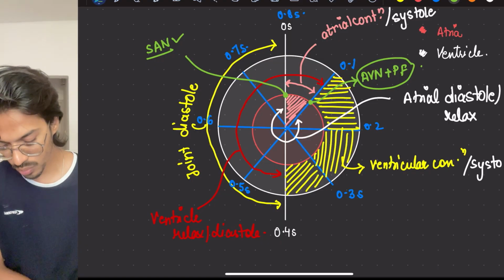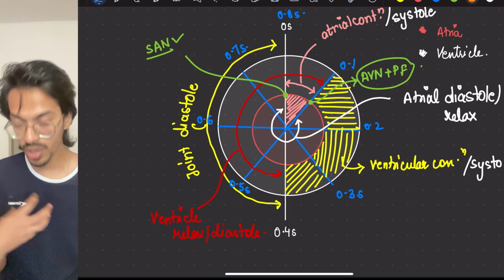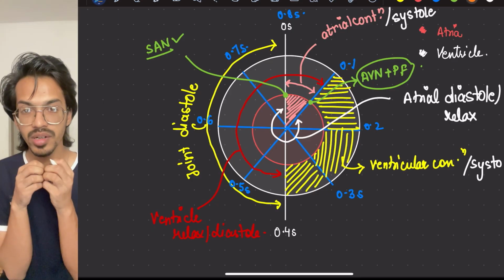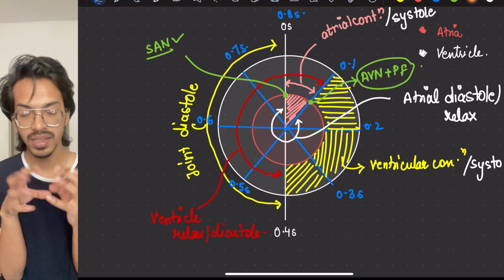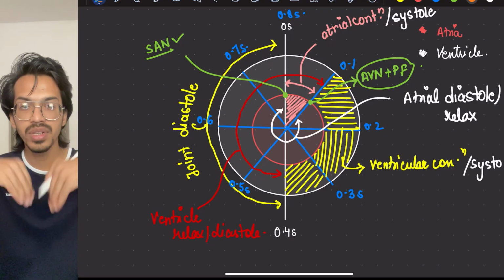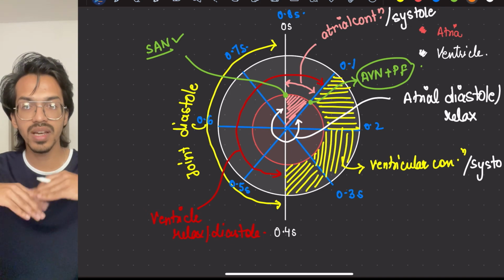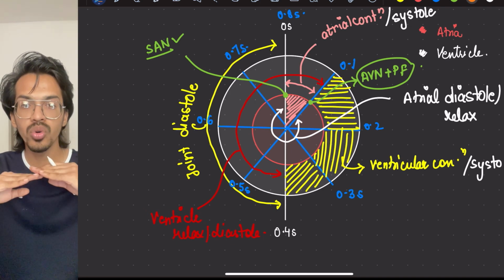More to it, there are the sounds that would be produced over here. Once the atria contract and after that the ventricles contract, in between the valves will open up and the blood will flow down, and once the ventricles are filled up, the valves will close like this.